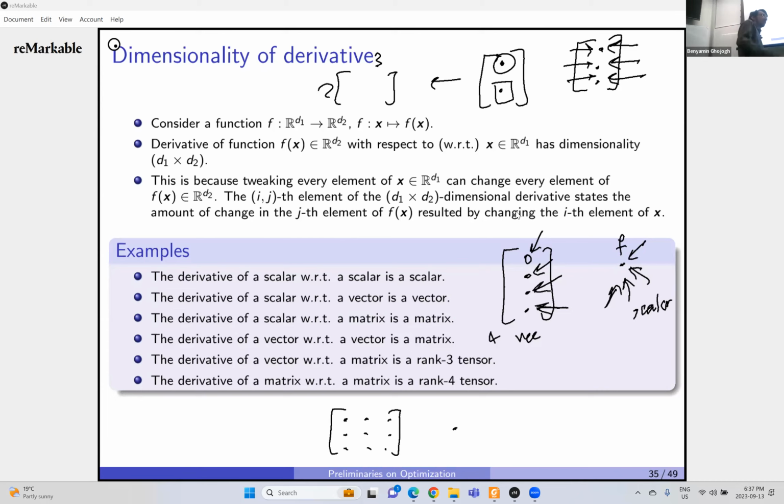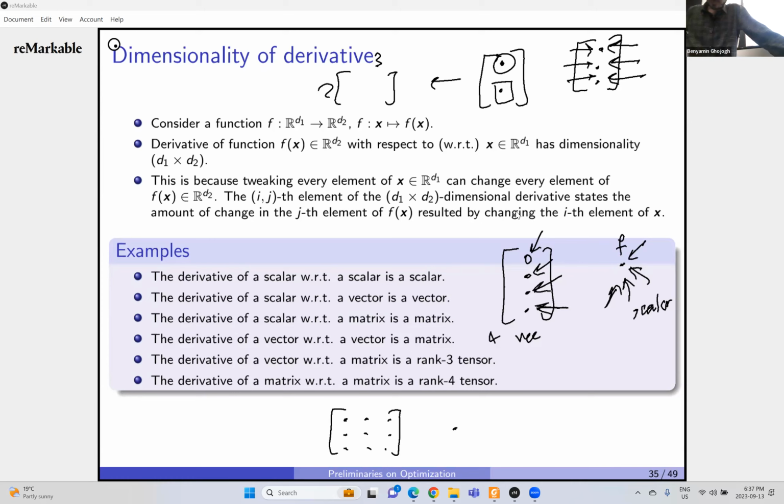So we said that derivative of something with respect to another thing means that you change or tweak that other thing and see how much it impacts the first thing, right? Some derivative of Benjamin with respect to desk is what? Change the desk and see how much Benjamin changes, right? So this is the derivative.